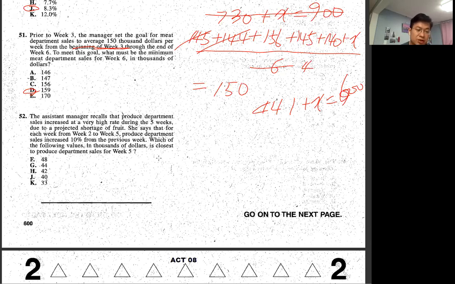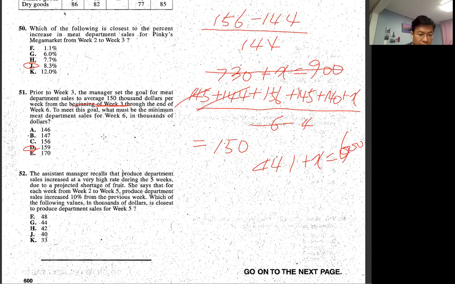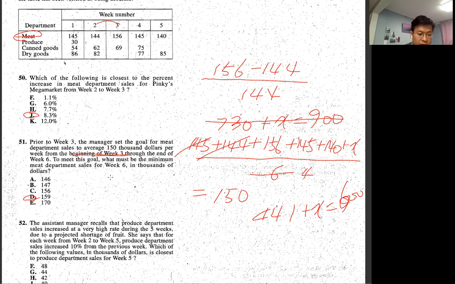The assistant manager recalls the produce department sales increased at a very high rate during 5 weeks due to the shortage of fruit. She says for each week, week 2 to week 5, produce department sales increased 10% from the previous week. Which of the following values is closest? So produce 10%, you can just think about it. 30 times 1.1, 33 will be week 2.